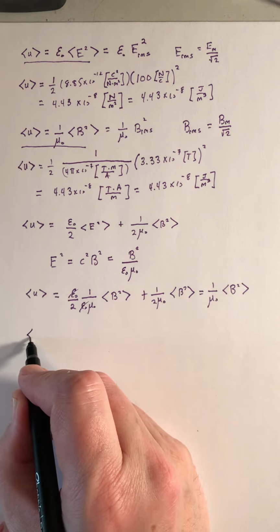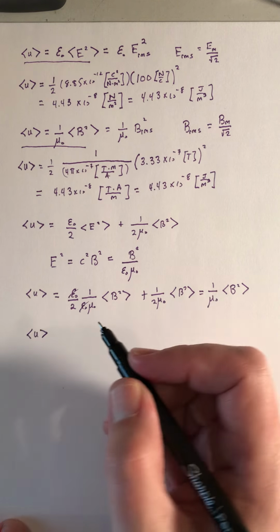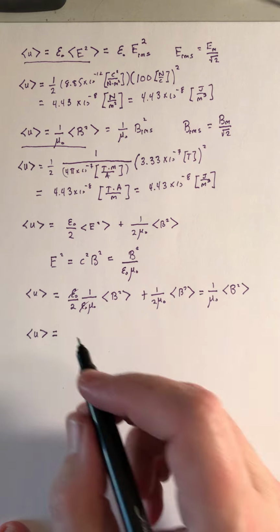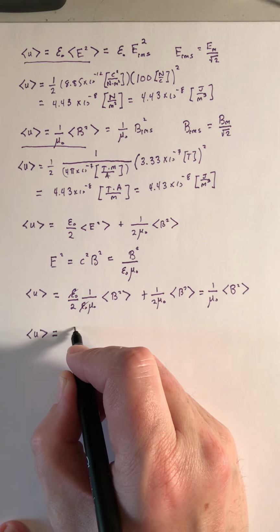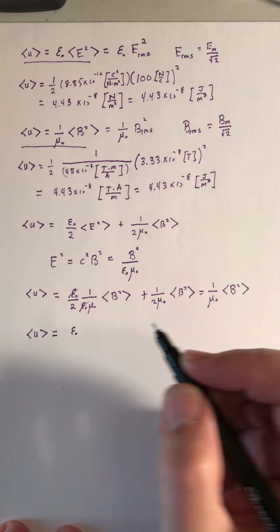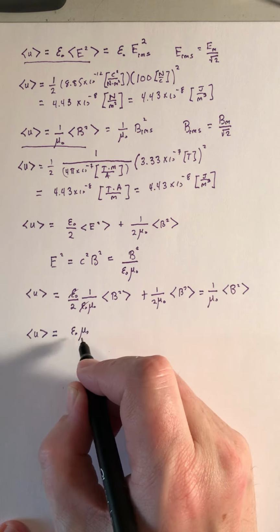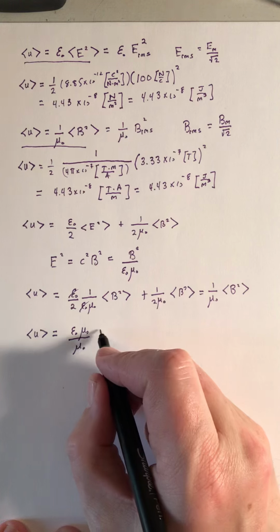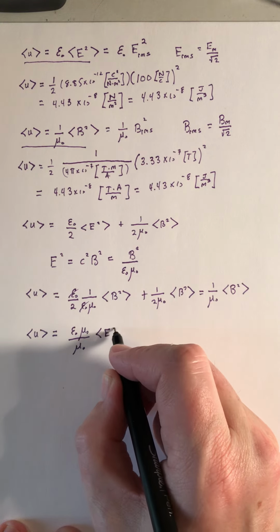And we could also, if we wish, find the average energy density in an electromagnetic wave in terms of just the electric field. And this is all working because the electric field and the magnetic field in an electromagnetic wave are not independent of each other.